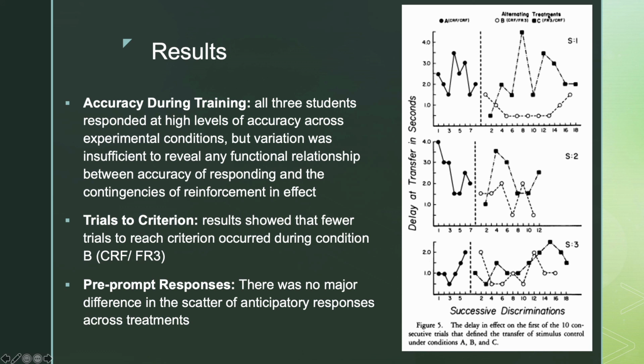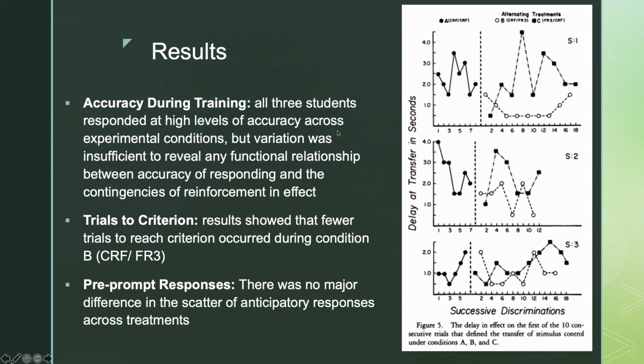In an alternating treatment design, they looked at the accuracy of responding, and we see that the transfer occurred much earlier for all the participants under the CRF FR3. So the schedule that favored responding before the prompts and had the FR3 for responses that occurred after the prompts. Okay, so in all cases, that proved to be better.